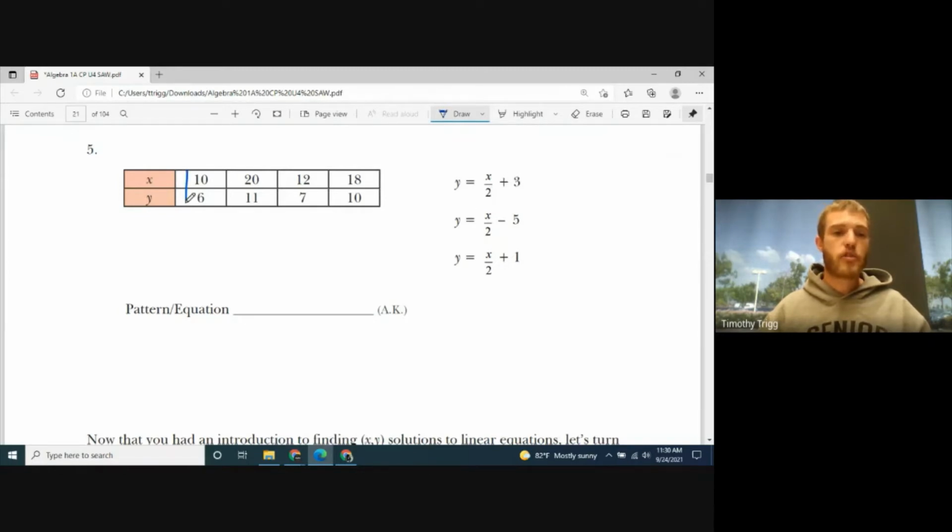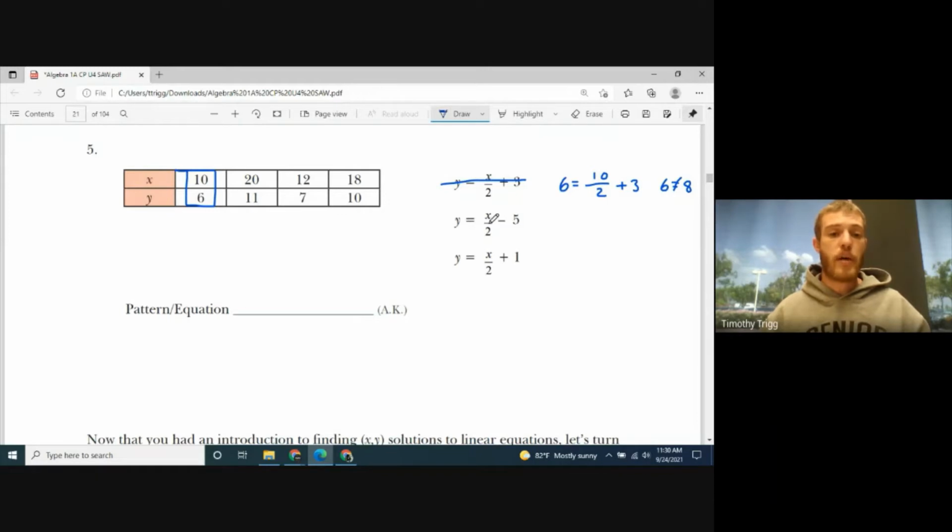I'm going to try this first point here. I'm going to replace the x with 10 and the y with 6. So this will be 6 equals 10 over 2 plus 3. So that'll be 6. Does this equal? And 10 divided by 2, well, that's 5. 5 plus 3 is 8. So are these equal? No.